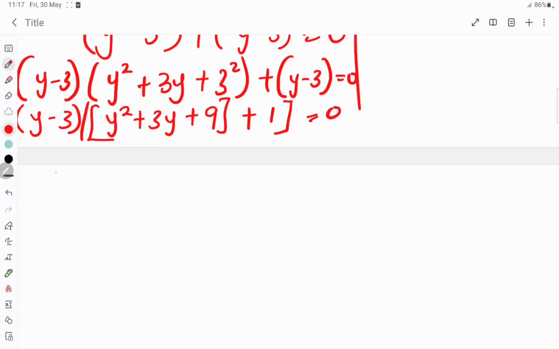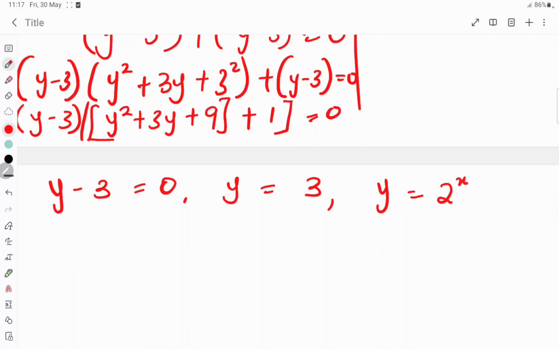From here, we can agree that when two things multiply to get 0, we set every term to be 0. That's y minus 3 is equals to 0. This shows that y is equals to 3. But remember, we agreed that y is equals to 2 power x. So we can now say that 2 power x is equals to 3. For us to get the value of x, we have to take the log of both sides.